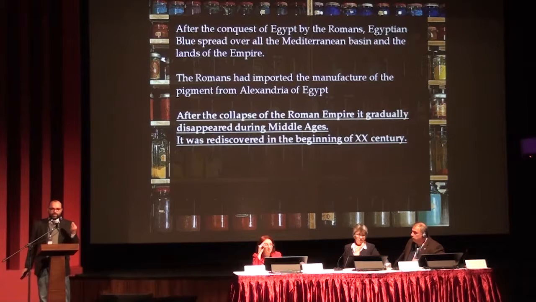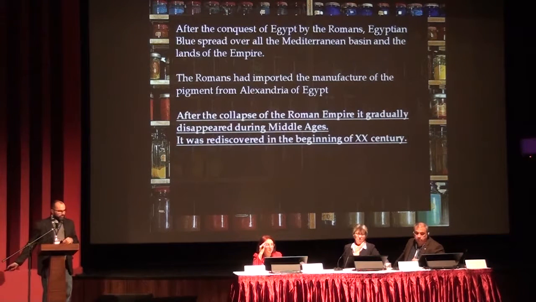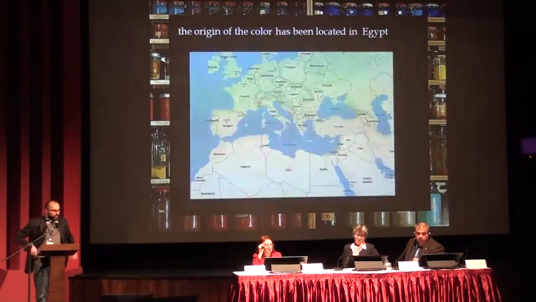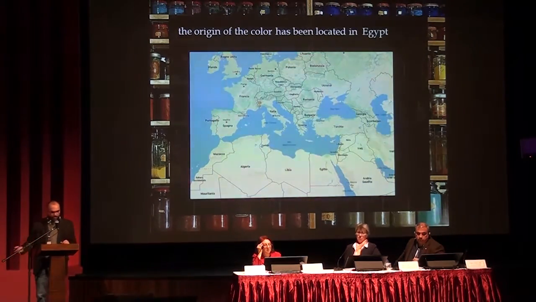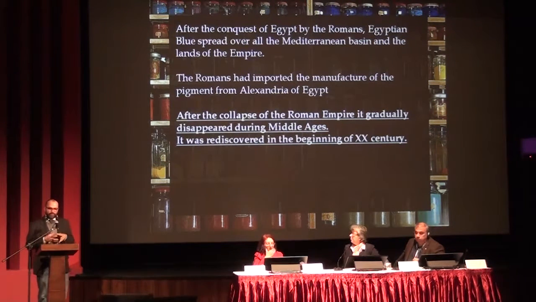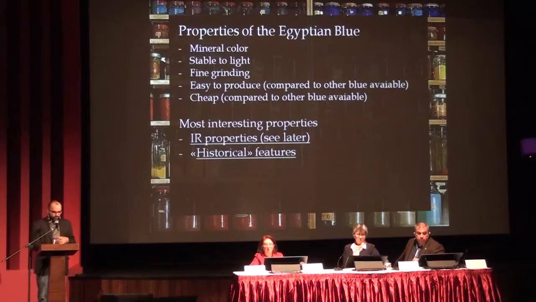So Egyptian blue also has a particular historical feature. Let's say that in the Middle Ages, the traditional way of producing the Roman Egyptian blue completely disappeared. So we lost the technology of Egyptian blue, and we recovered this technology in the 19th century. I'm talking at the moment about artifacts of Egypt and Roman artifacts.